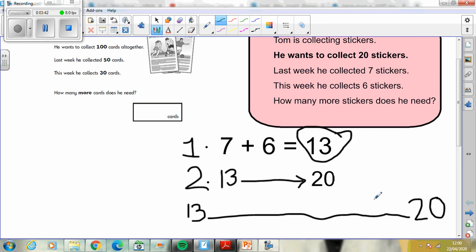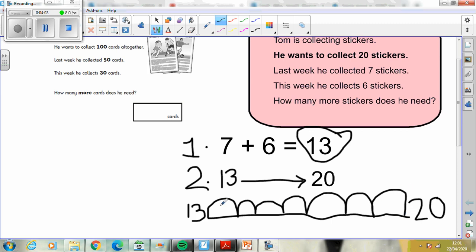Now, obviously, most of the children will just count up on their fingers, but if you wanted a visual reference, what we would do in school is go 14, 15, 16, 17, 18, 19, 20.